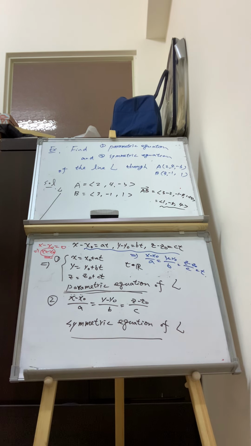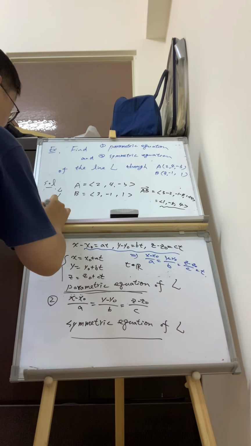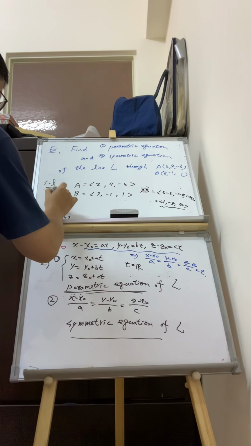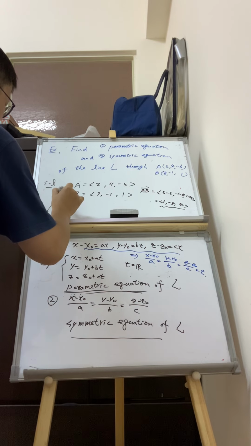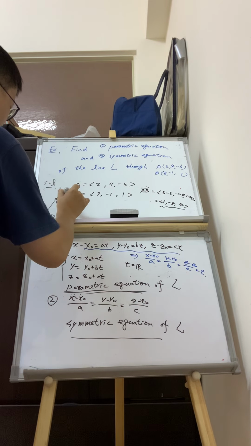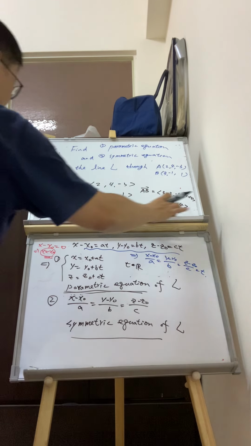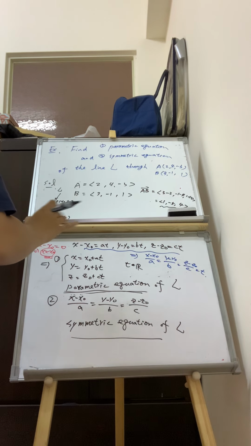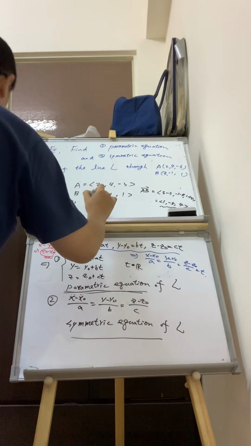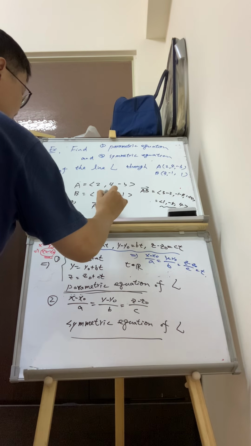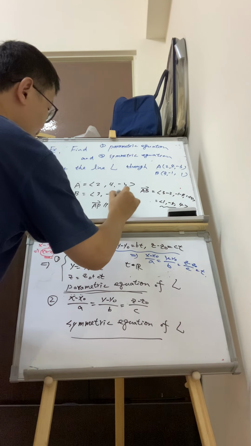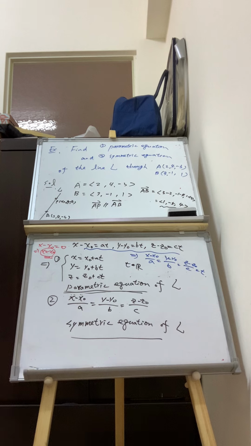And here we denote A as (2, 4, negative 3). If we let P be any point (x, y, z) on the line L, then we know that the vector AP is parallel to AB. They are parallel.